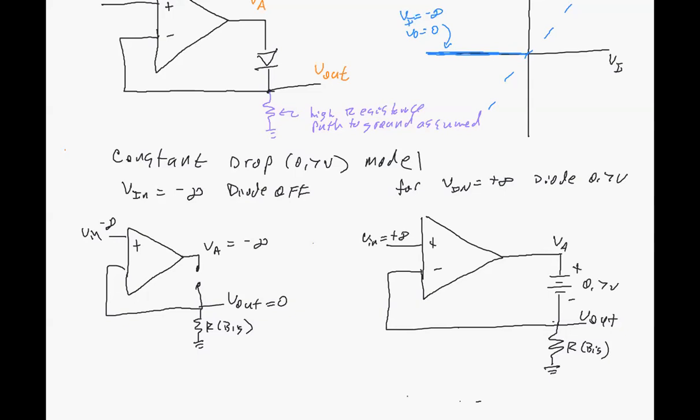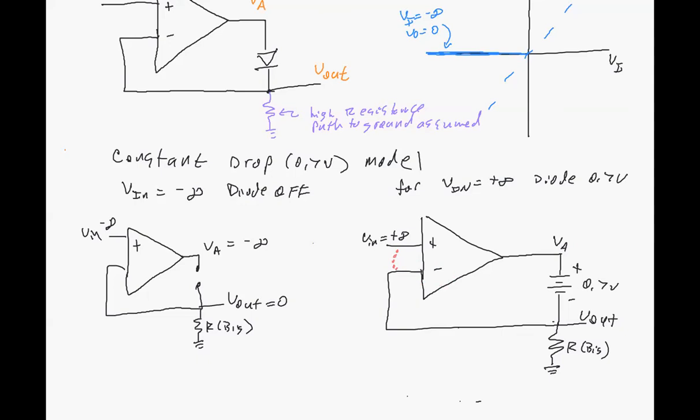Well, we definitely have the virtual short operational in this situation. With the virtual short working, VA wants to equal Vin, but in fact what the op-amp will do is cause the right voltage on the inverting pin to be equal to Vin.